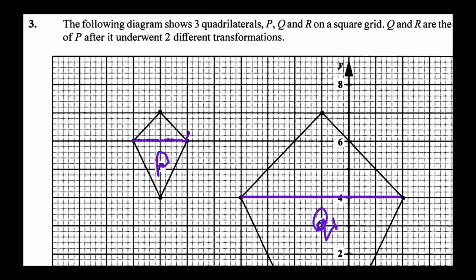Same thing right here. Okay, so each one of these boxes, I'm just zooming in, represents 1 centimeter, right?